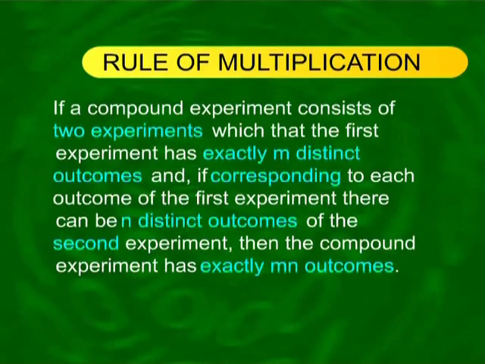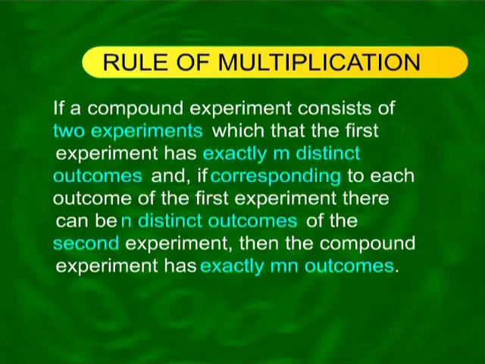As you now see on the screen, the rule of multiplication is stated as follows. If a compound experiment consists of 2 experiments such that the first experiment has exactly m distinct outcomes, and corresponding to each outcome of the first experiment, there can be n distinct outcomes of the second one, then the compound experiment has exactly mn outcomes.